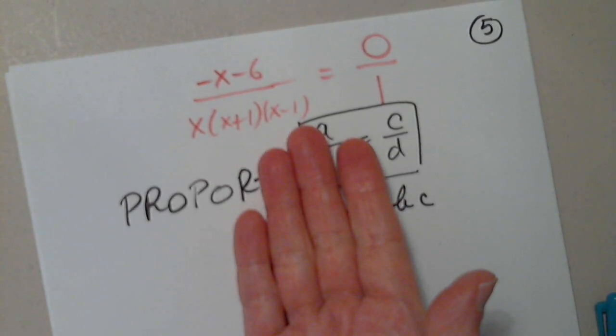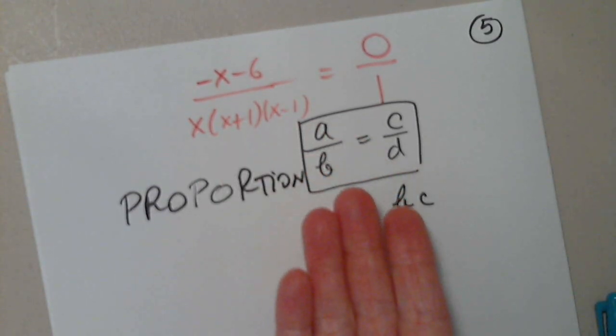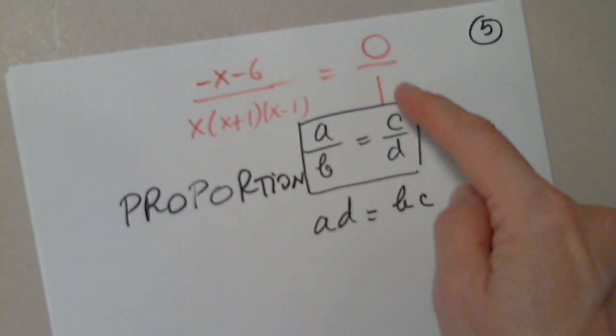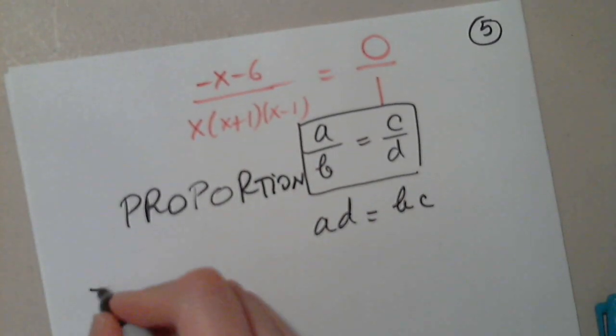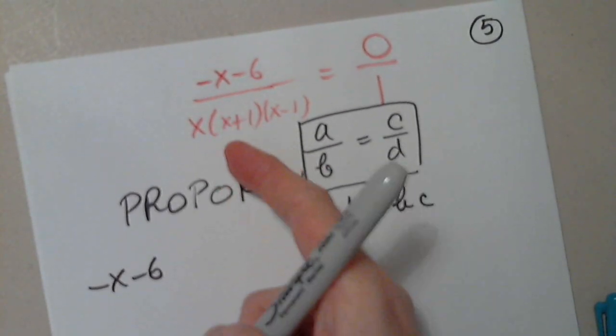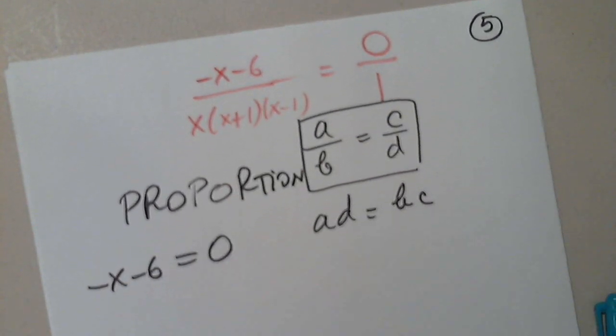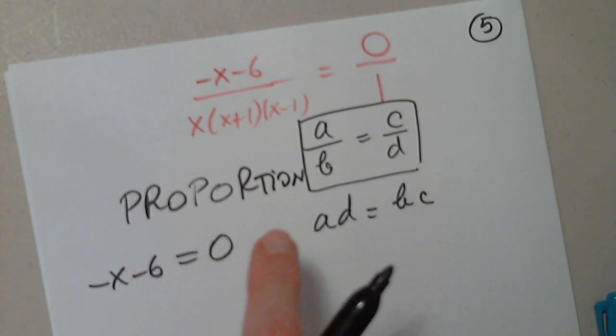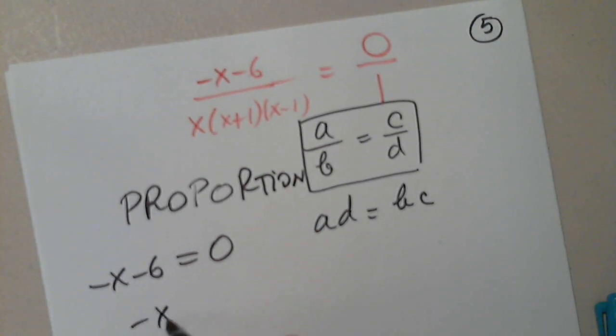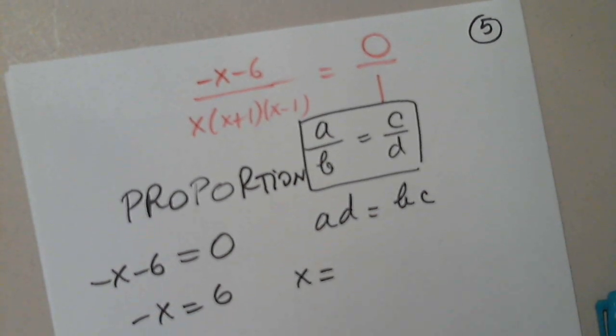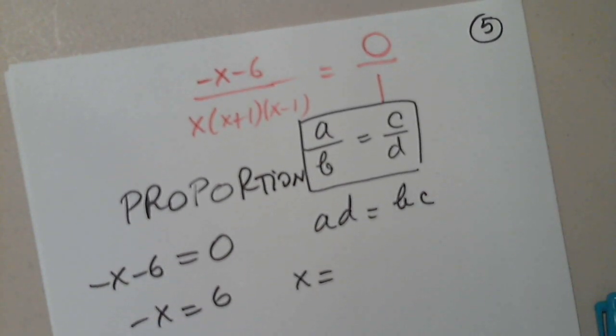That's what I wanted. I wanted to get a simple proportion. This times 1 is negative x minus 6. Whatever times 0, it must be 0. All I have to do is move negative 6 and solve. How much is x?